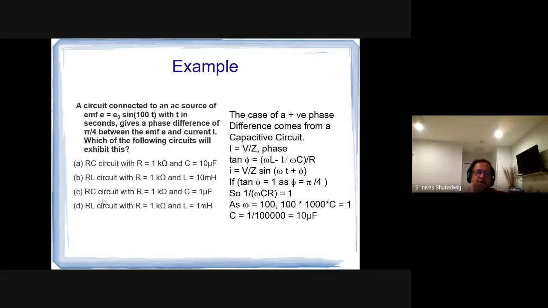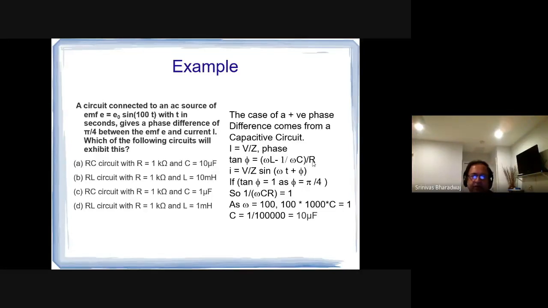Now he's talking about phase difference, which means tan phi. So tan phi is 1, which equals omega L minus 1 over omega C, divided by R. This is the imaginary divided by the real, right? So omega L minus 1 over omega C must equal R. What is R? R is 1 kilo ohm in one case, and C is something else. So in which case will it be the same?